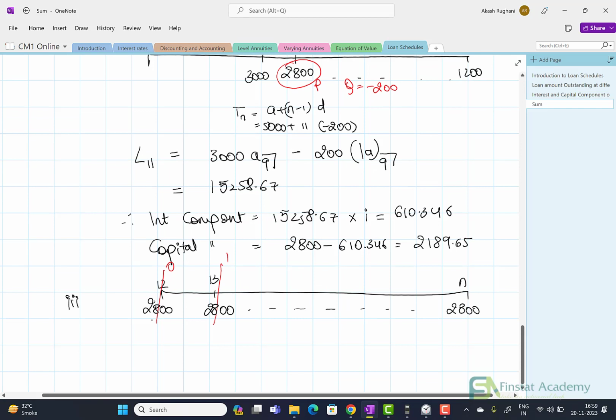Now the first thing is I have to find this loan amount outstanding at time 12. I already have it at 11. I have the capital component here. I can simply say L12 will be nothing but L11 minus the capital component of the 12th installment.